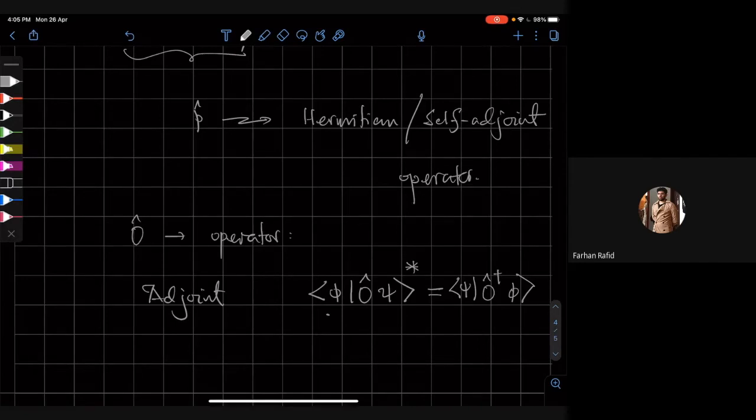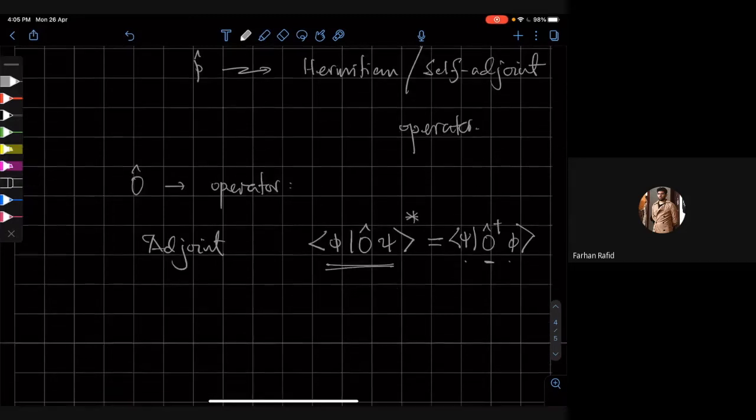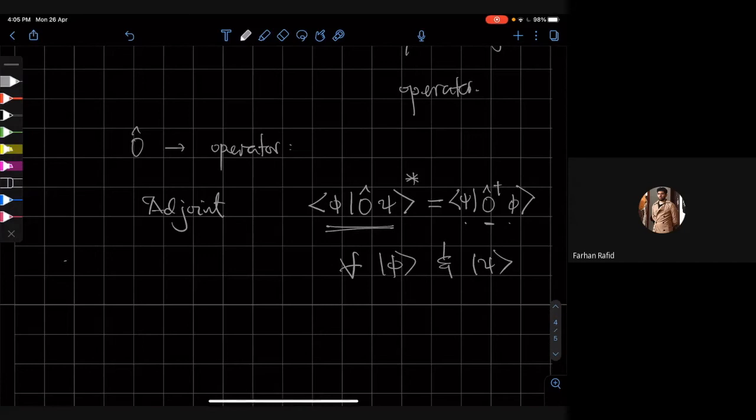So this operator, acting on phi and then sandwiched with psi, gives me this thing. This holds for all phi and psi. And by the way, the notation here is that O hat acting on psi is what I'm defining as O of psi.